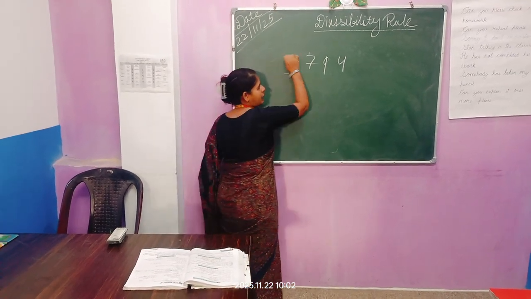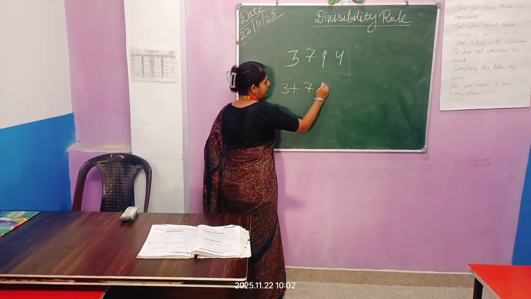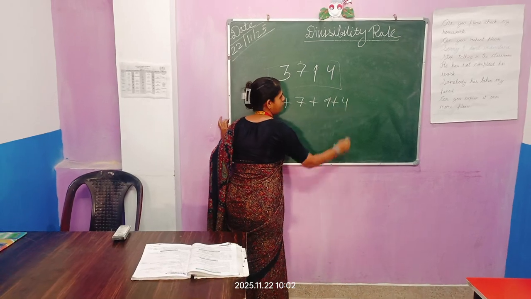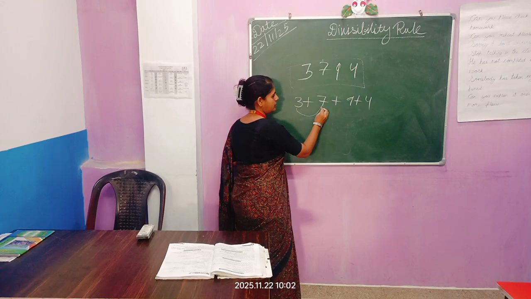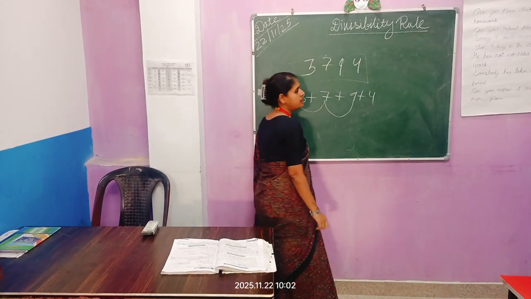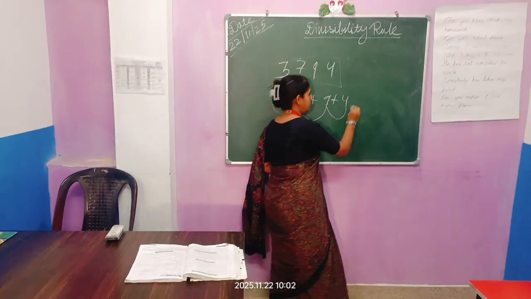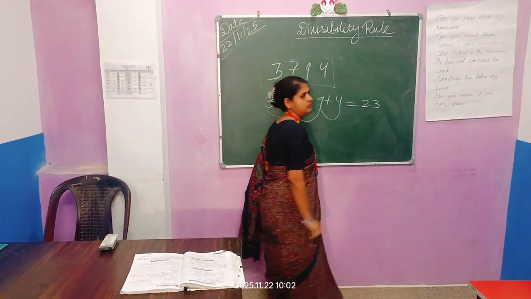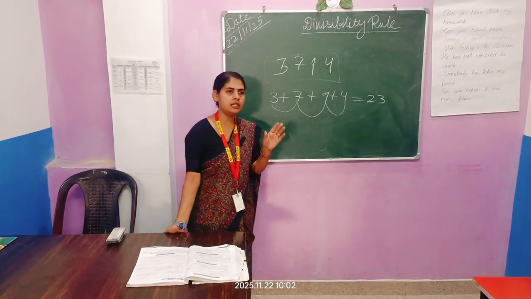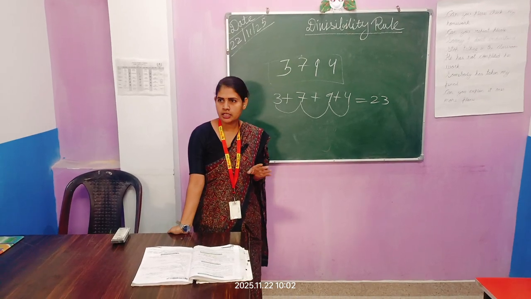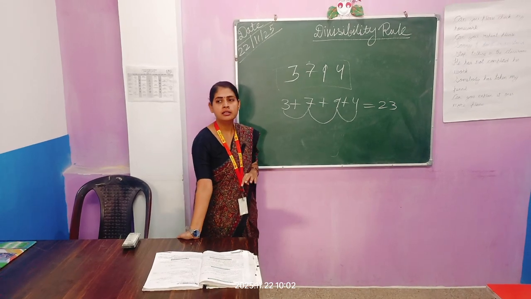We add all these digits: 3 plus 7 plus 9 plus 4. 3 plus 7 is 10, 10 plus 9 is 19, 19 plus 4 is 23. Does 23 come in the table of 3? No. That means this number is not divisible by 3.